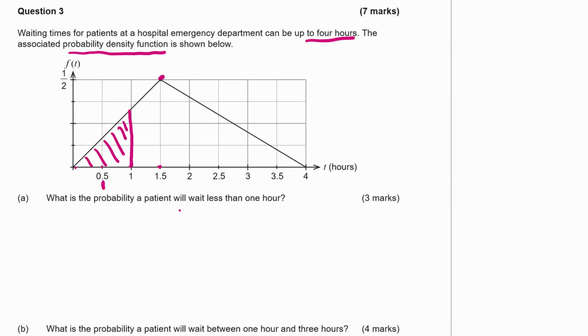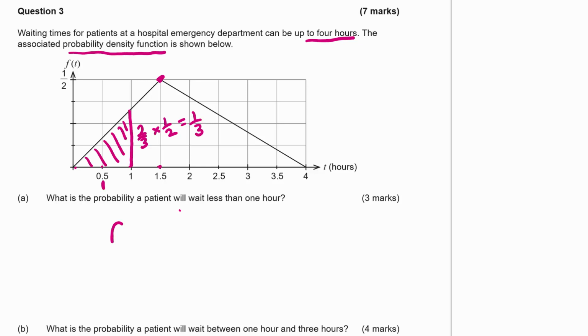So just using similar triangles, this is going to be 2/3 of a half, because the top here is at a half. So that is going to be at 1/3. So the height of that triangle is 1/3.